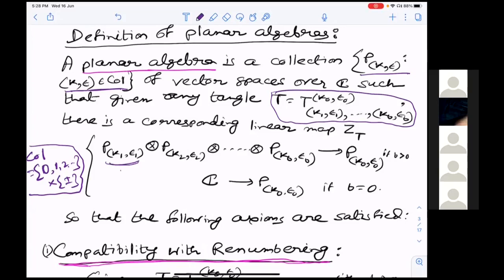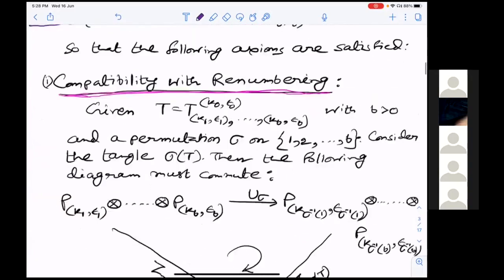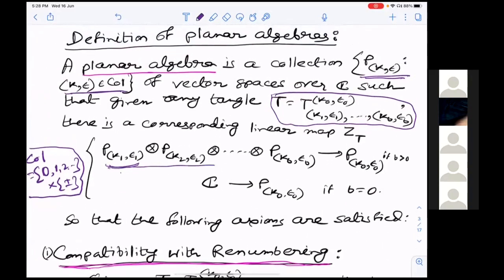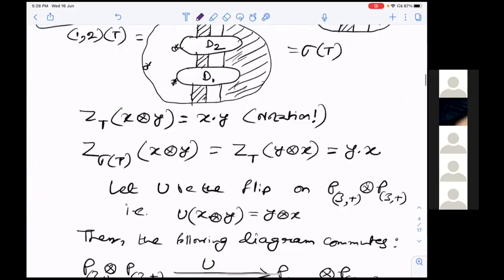Corresponding to each internal disk, we will attach a vector space and a linear map. Z_T is a map from this tensor product to P_{K_0,epsilon_0}. And if there are no internal disks, it is just a map from C to P_{K_0,epsilon_0}. So this needs to be elaborated a little bit.